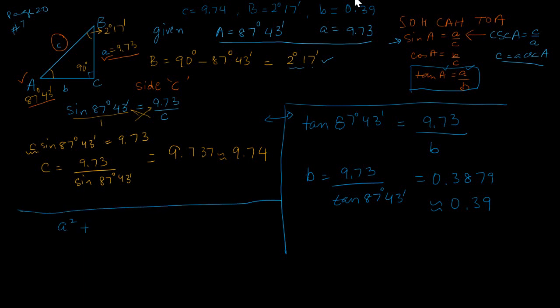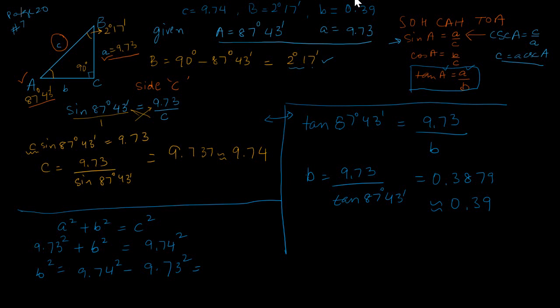We know that a squared plus b squared equals c squared. A is given to be 9.73. We still don't know what b is. Let's say we don't, and we found out c was 9.74. So b squared will be 9.74 squared minus 9.73 squared.